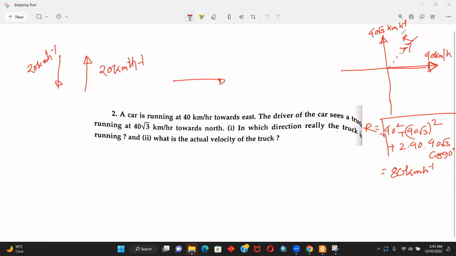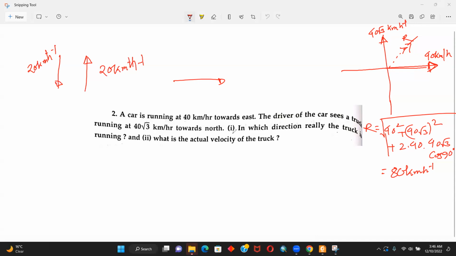So the relative velocity of the truck with respect to the car is 40 root 3 kilometers per hour. That is the relative velocity. Understand my point? So now when we get the resultant vector, that will be the actual velocity of the truck. But do you understand the concept of relative velocity for the time being?